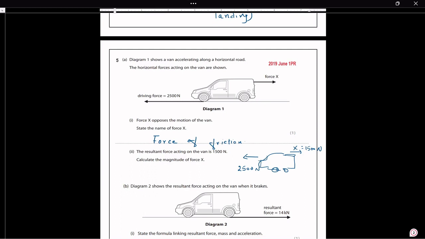The resultant force is given. X we have to calculate.